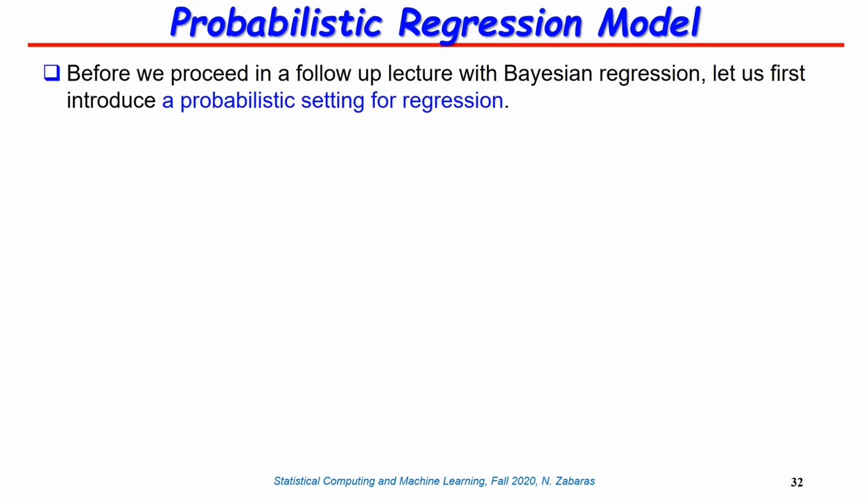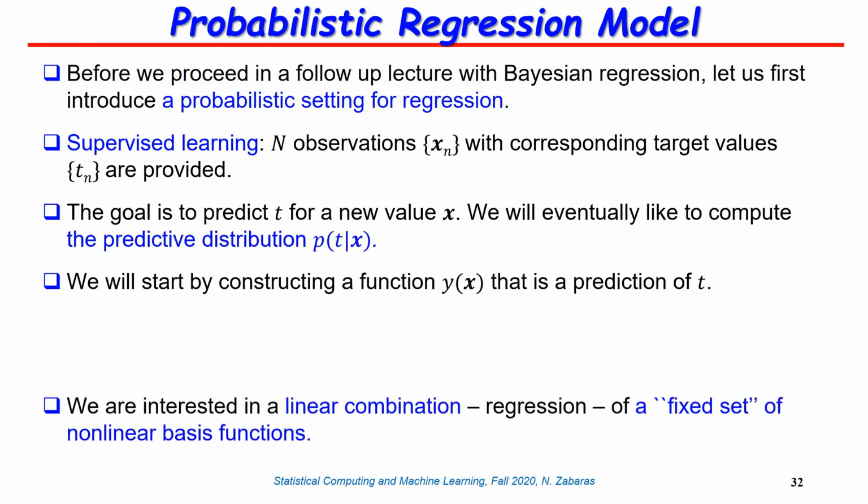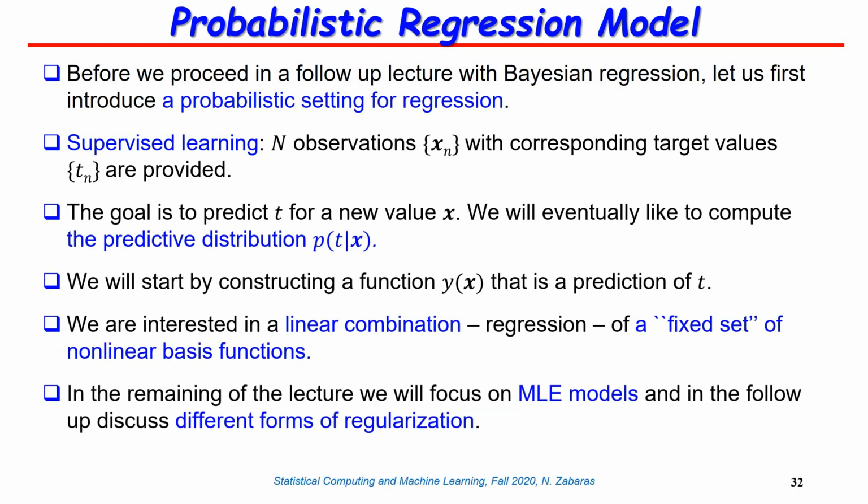Okay, so let me introduce a probabilistic setting, a very preliminary version. We're not going to get rid of the regression function. So at every x, we're still going to have a function that somehow approximates the target t, but this function y of x will be the mean of some distribution of t for that location x.